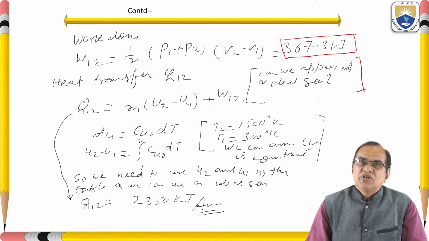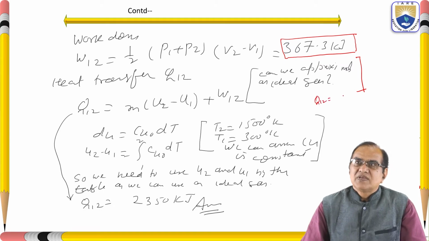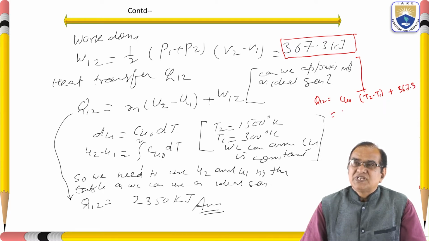So here you can see Q12 is equal to m Cv times T2 minus T1 plus 367.3. So we have to put the Cv value, and T2 1500 minus 300, plus 367.3.